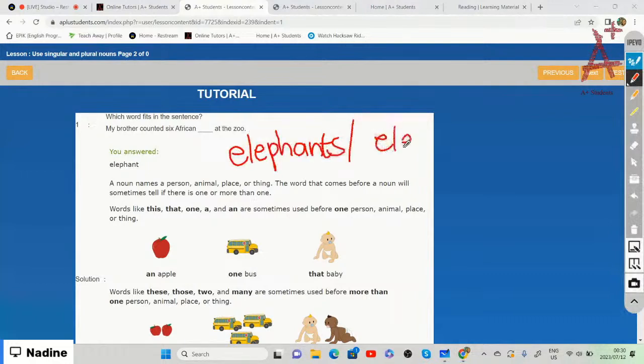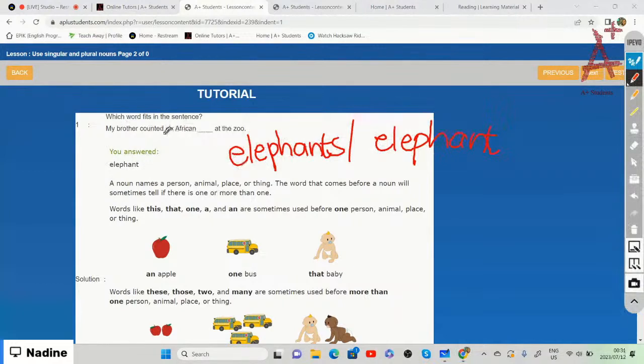We need to either choose the singular or the plural, one that refers to only one and the other that refers to more than one. So my brother counted six African elephants or six African elephant at the zoo?